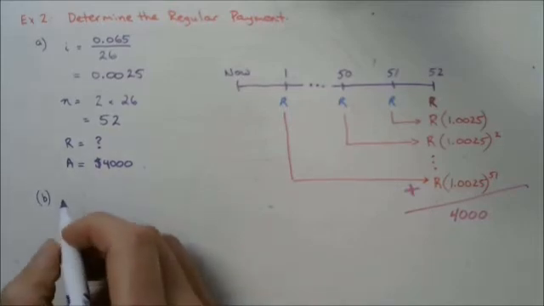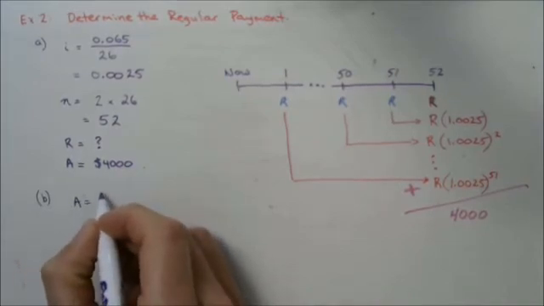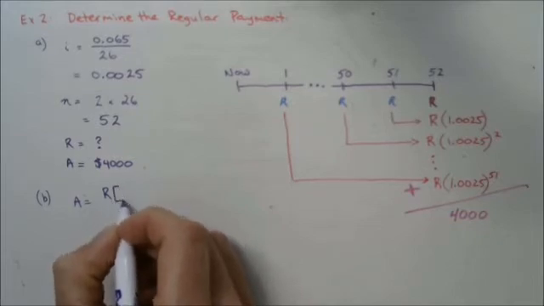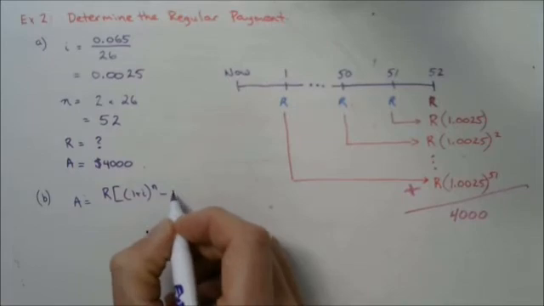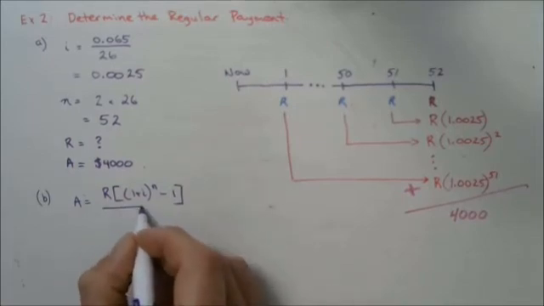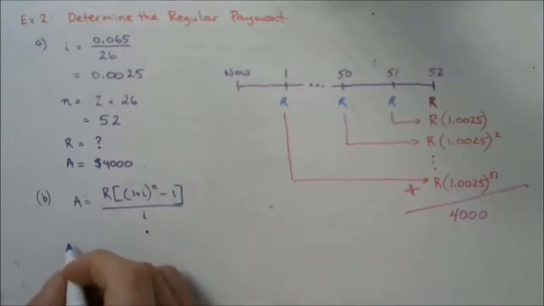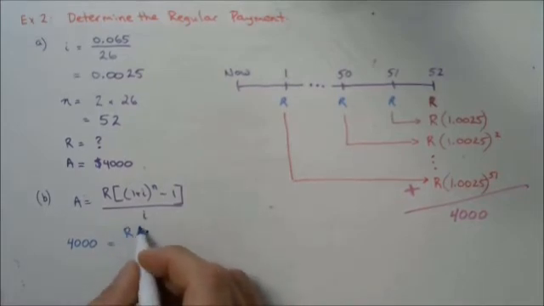So I'm going to take our amount formula, A equals R times the bracket 1 plus I to the power of n minus 1, over I. I'm going to plug in the things that we know. We know the amount on the left, 4,000. We do not know R.